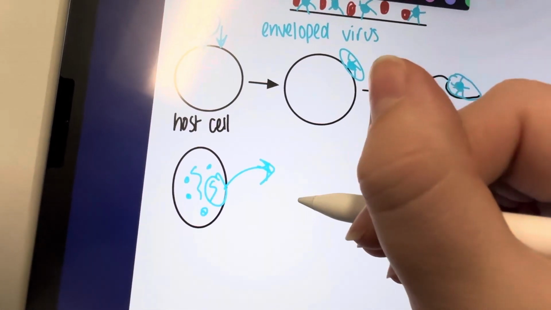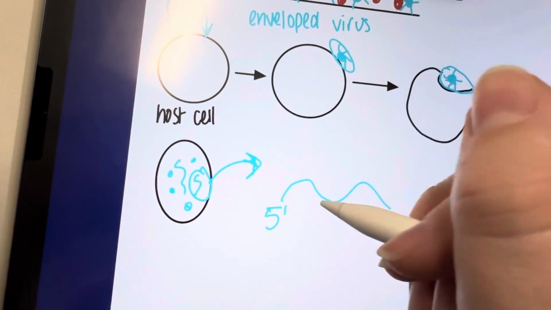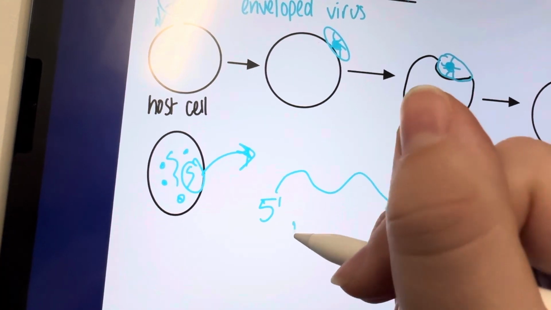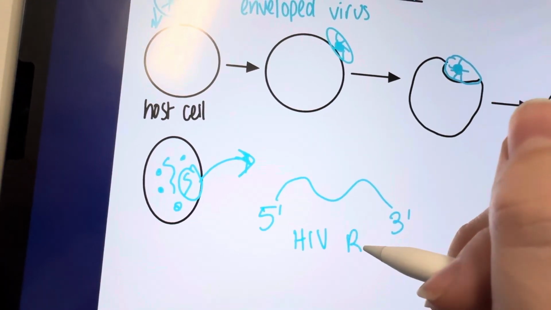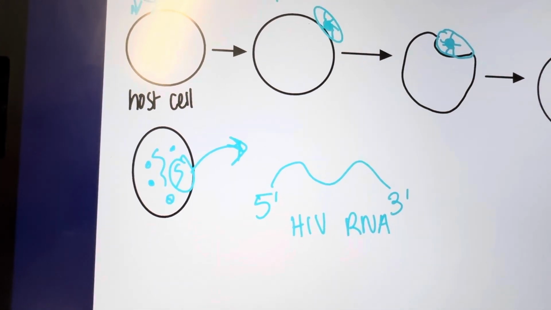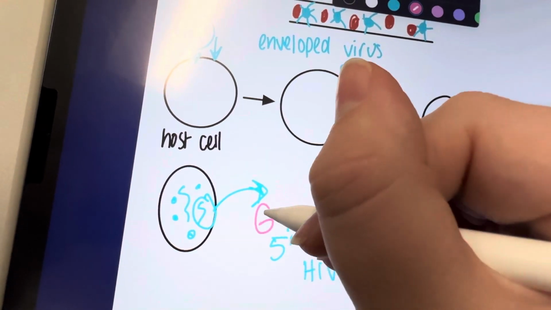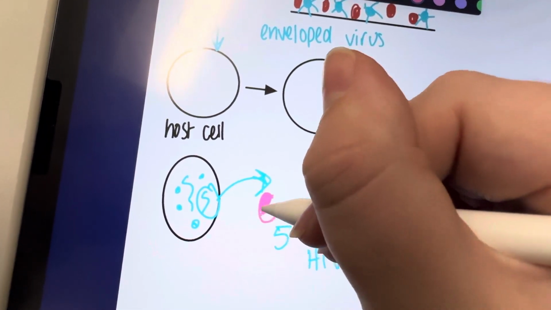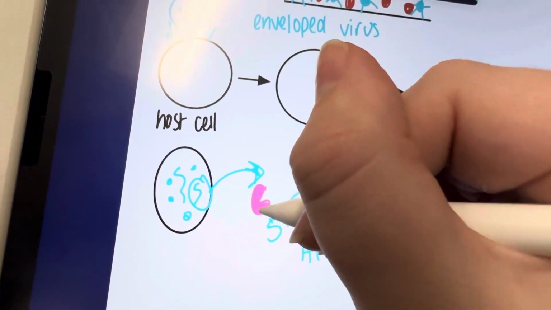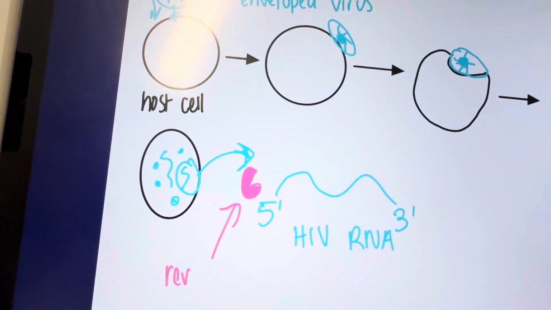So this is good enough. A 5' to 3' HIV RNA strand. What happens with this is that there is this Pac-Man-like shape, and this is the reverse transcriptase.